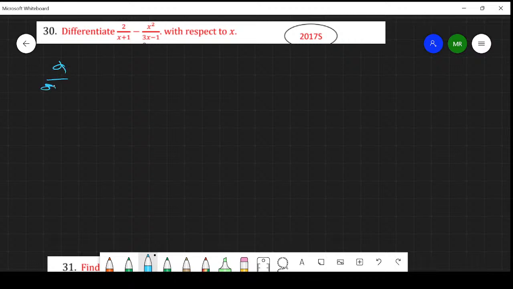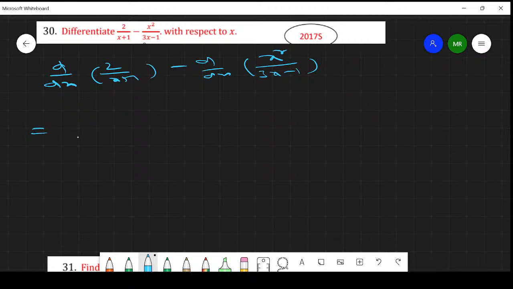So I can write d by dx of 2 by x plus 1 minus d by dx of x square by 3x minus 1, taking the quotient rule individually.